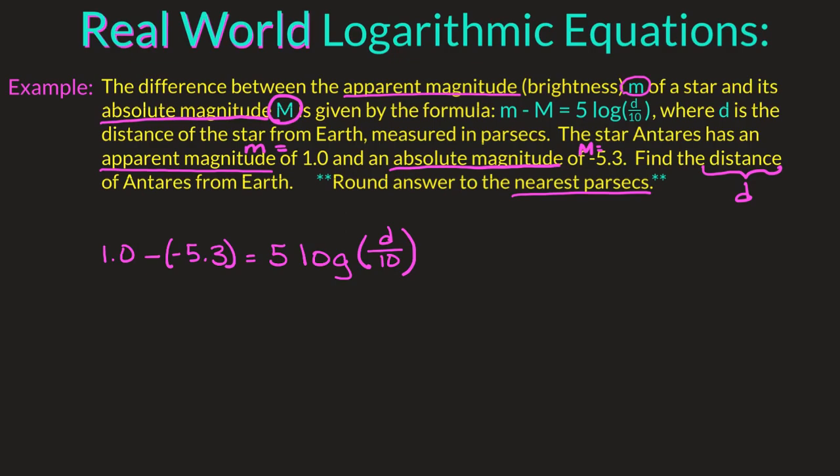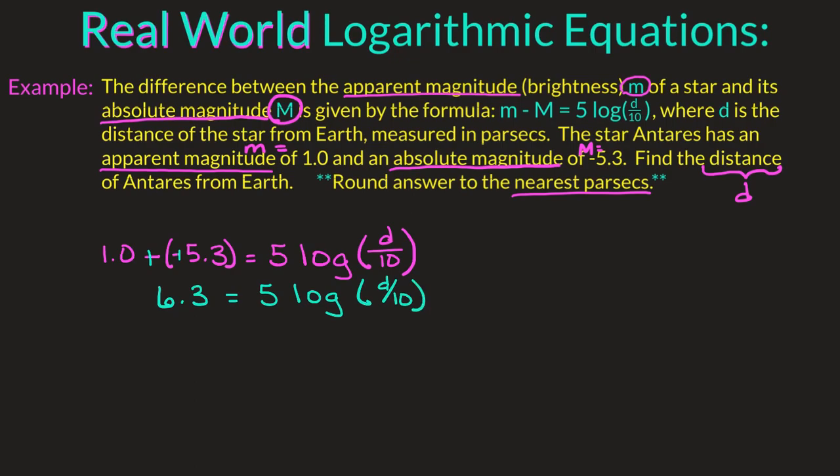If we take a look at this, we're going to simplify where we can. On the left side, we have 1 minus a negative 5.3, which is actually 1 plus 5.3, which gives us 6.3, because a minus a negative is a plus, equals 5 times the log of d divided by 10.